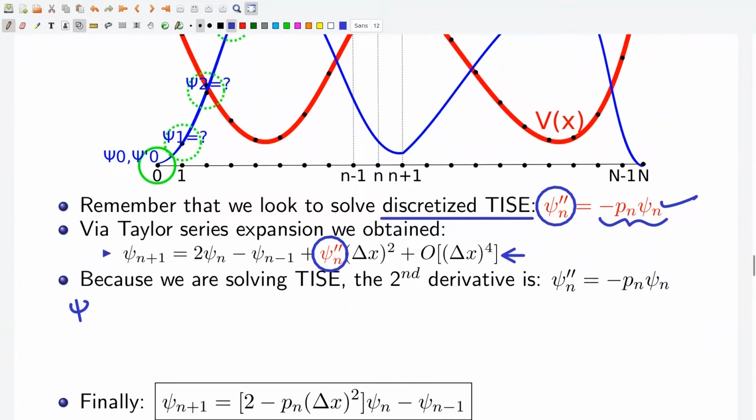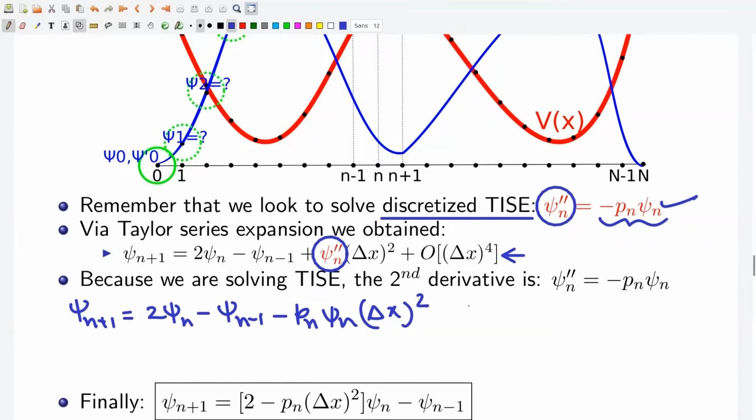So psi of n plus 1 is equal to 2 psi n minus psi of n minus 1. And in place of this, I replace this equation. So this is like minus Pn psi n delta x whole square.